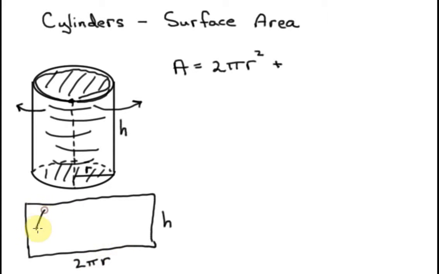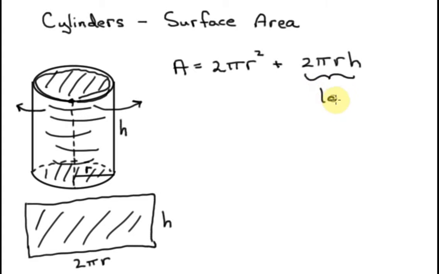Now, if you wanted the area of this rectangle, it would be the base of the rectangle times its height. So this gives us what is actually the lateral area of the cylinder. And that gives us, with the two circles on the top and bottom, our total surface area formula. So that is how we work with cylinders.